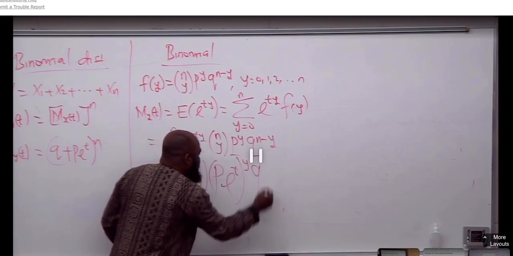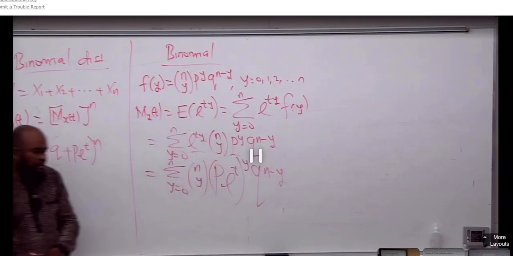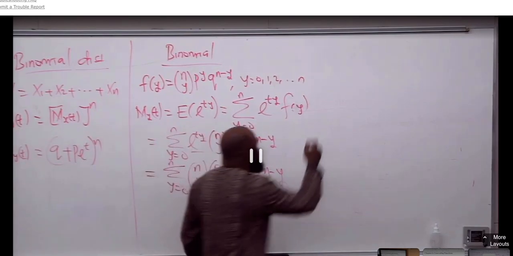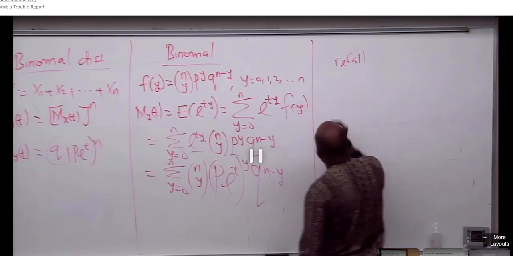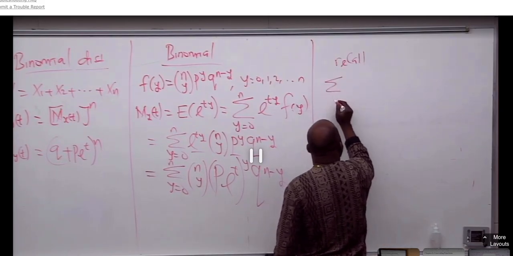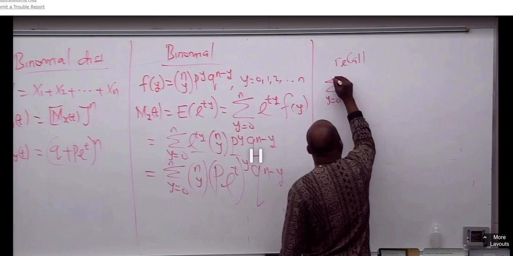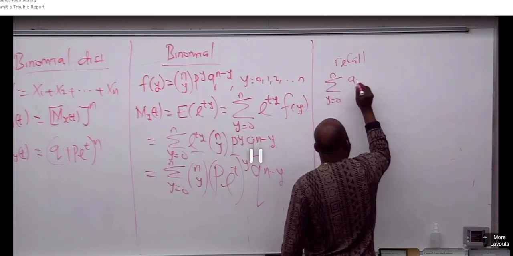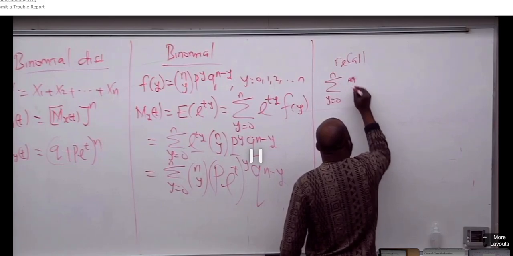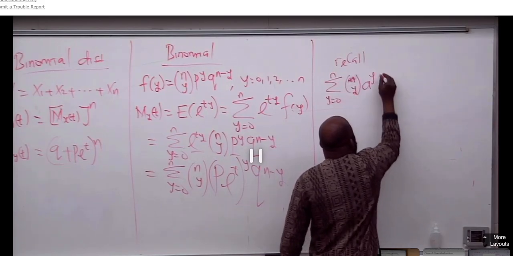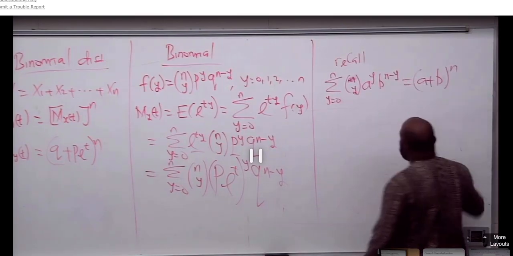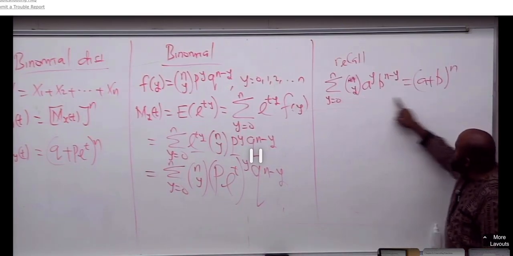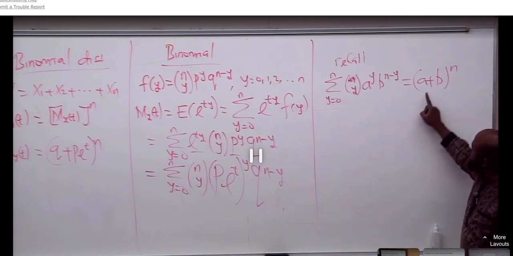Now, you need to recall that the summation with y from 0 to n of n combination y, a raised to power y, b raised to power n minus y is (a plus b) raised to power n. This comes from binomial expansion.